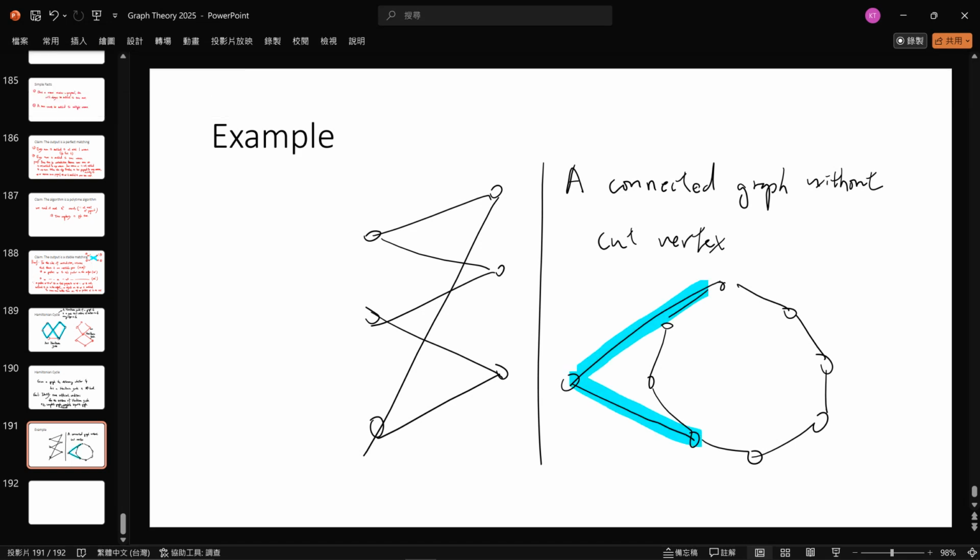Then it must use these two edges, because a Hamiltonian cycle contains every vertex, and this vertex only has two incident edges, so we have no choice but to select these two edges. So we can look for any degree 2 vertices, and we know that we must choose these edges. Similarly for this one.